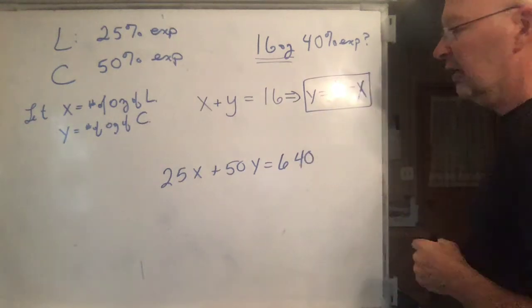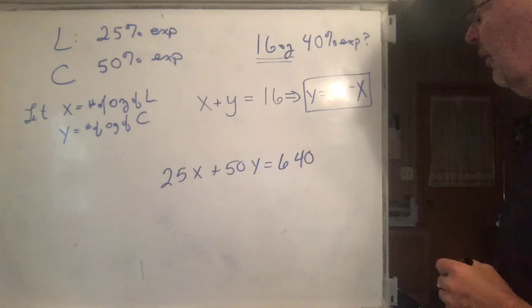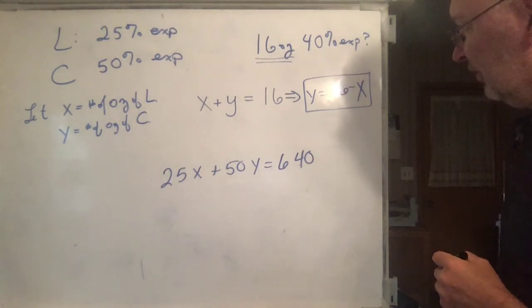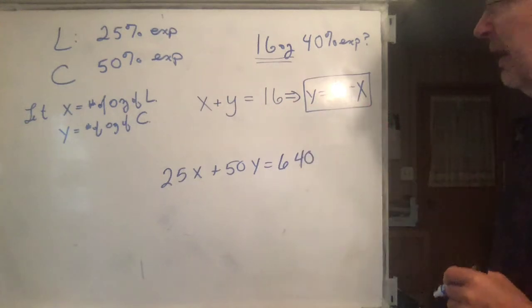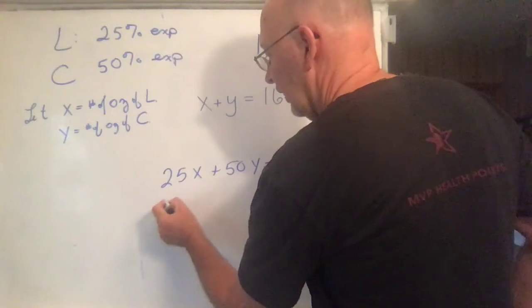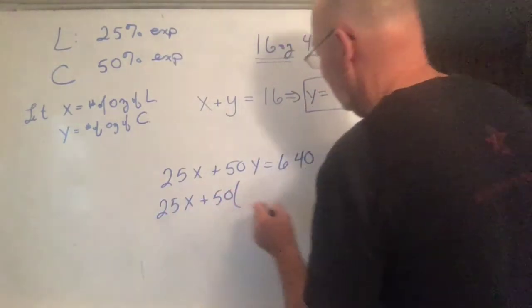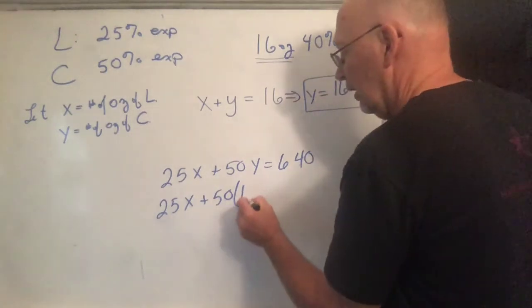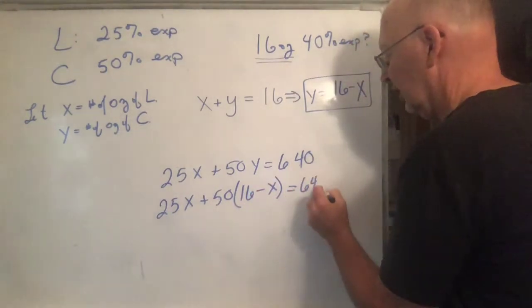See that? I could use the elimination method again, but let's do this with another method, which is basically you solve this one for y, and now I'll just stick that value in right here for y. So I'm going to get 25x plus 50 times, what's y? 16 minus x is equal to 640.